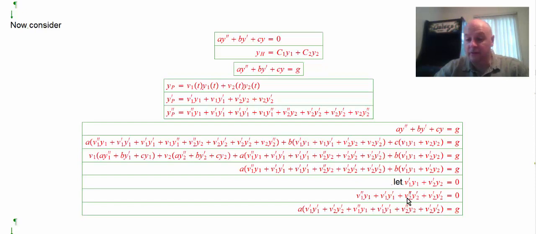So yeah, now this lines up, and this whole piece then is equal to 0. That's our bonus equation.